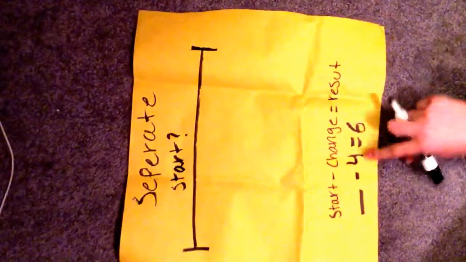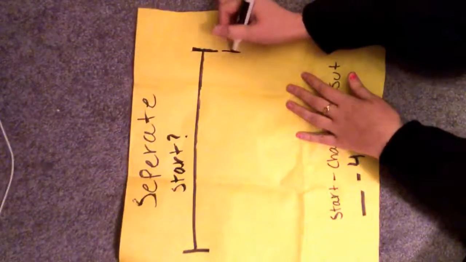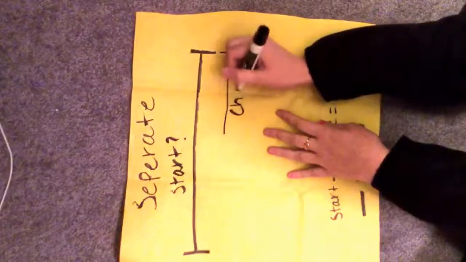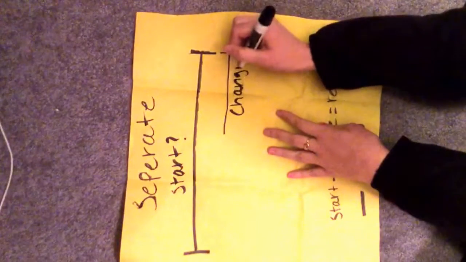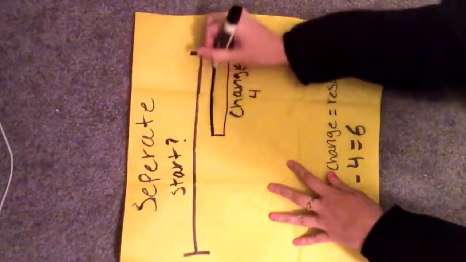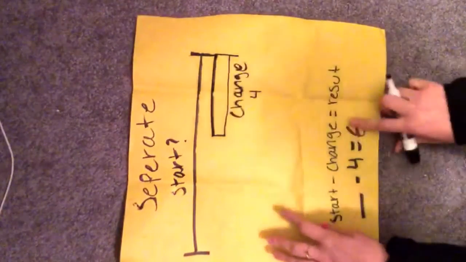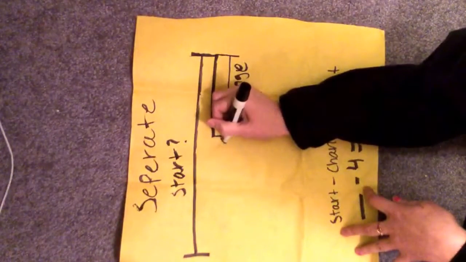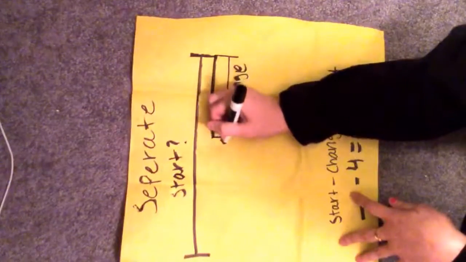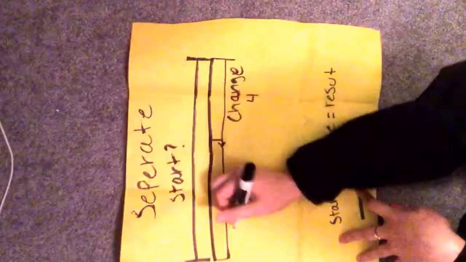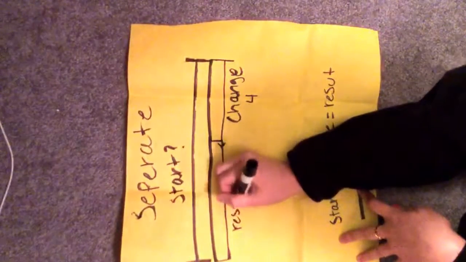Now we do know our change, which is 4. So this will model our change. And we also know our result, which is 6. So we're just going to add this way still, all the way till we get to the end of our start. And this is our result.